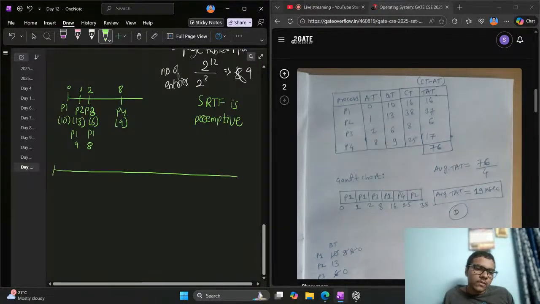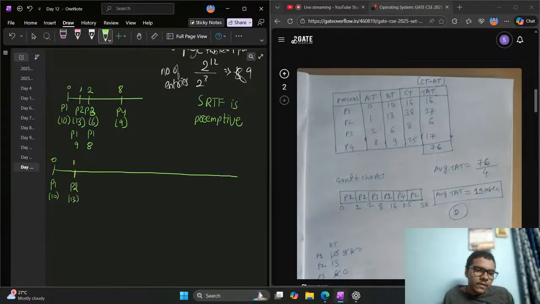So let's draw a timeline. At 0, P1 arrives, and at 1, P2 arrives, with 10 and 13. By this time, P1 has 9 remaining, and at 2, P3 with 6 arrives. By this time, P2 still has 13. P1 has how much? 10 minus 2, that is 8. So what will it pick out of this?